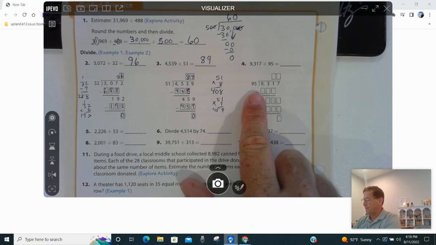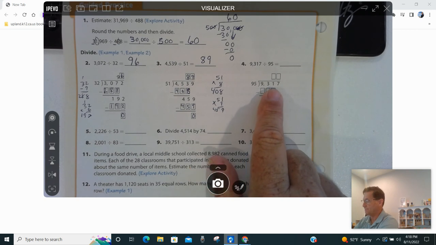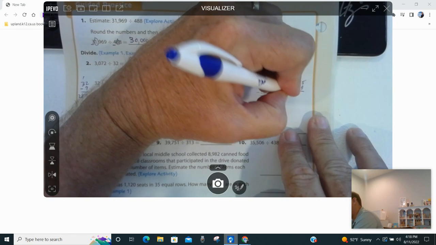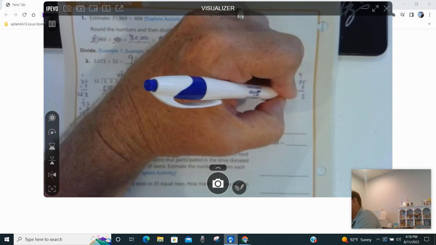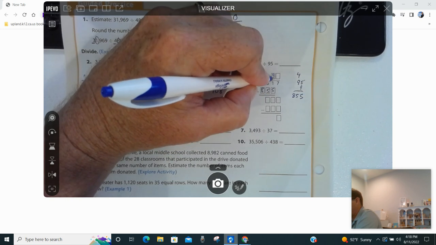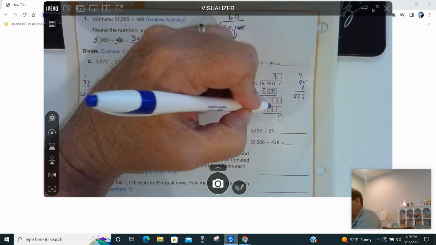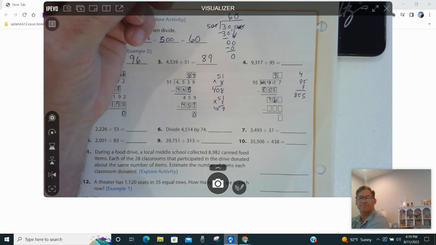Number 4, 95 is greater than 9. 95 is greater than 93. 95 can divide into 931. I think 9 will probably work because 9 times 9 is 81, right? So let's try 9. 855. So we'll subtract that. We get a remainder of 76.